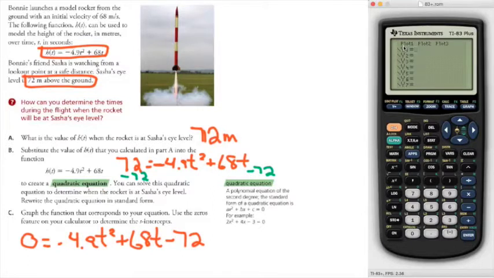The only problem is the calculator will only let us use x's, whereas we have t's. It's not a big deal. We just need to remember that every t is also actually an x. So we'll put in negative 4.9 x squared plus 68t, or 68x, minus 72, and we'll graph it out.